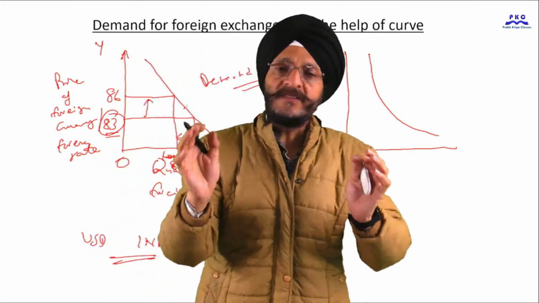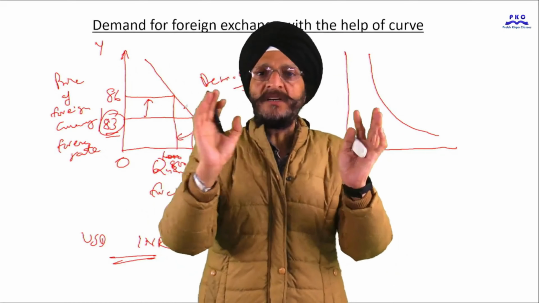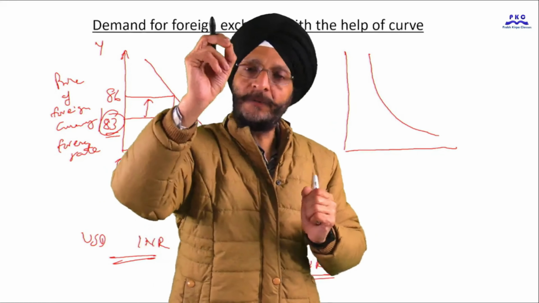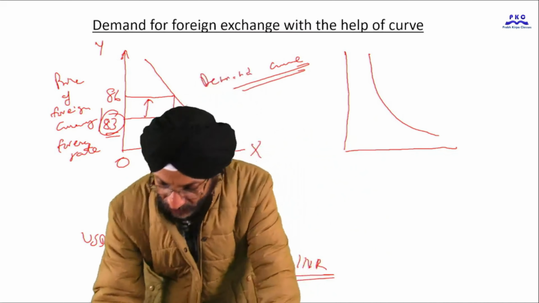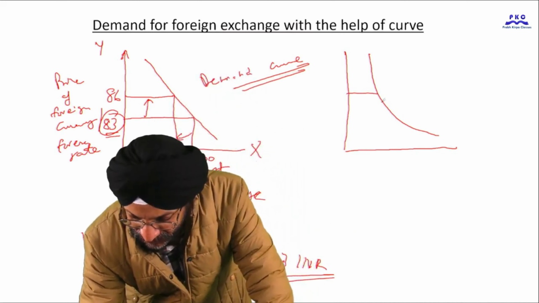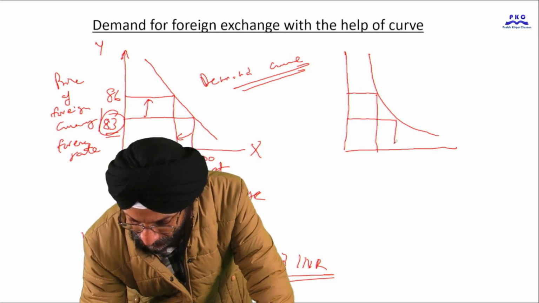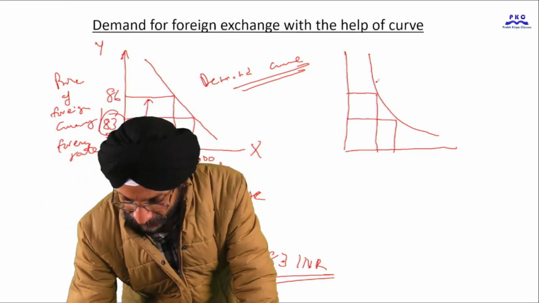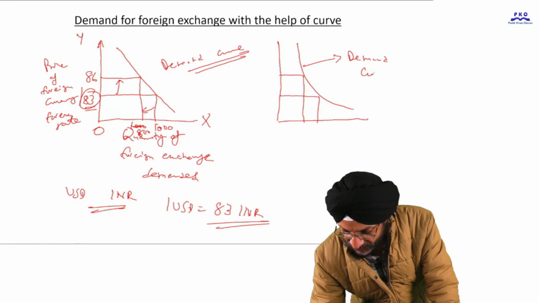Sometimes there are certain people who are not concerned about the price of foreign currency. They will go in for purchase of foreign currency. So this is also a form of demand curve which in reality exists, which is somewhat in the form of a curved line.